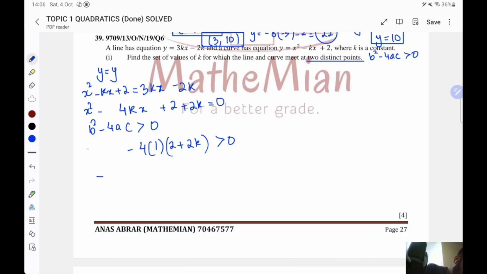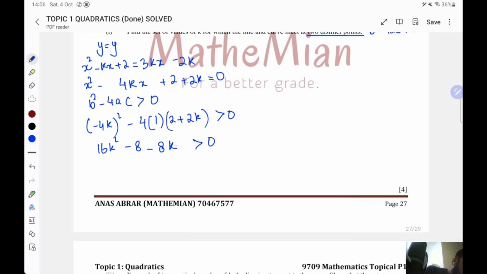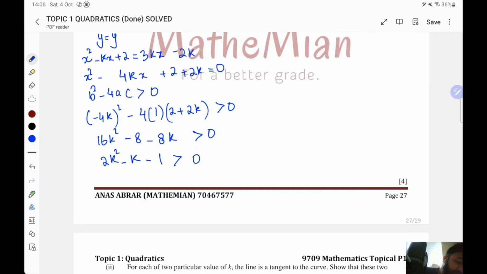So it will be (minus 4k) whole square, which will be 16k square minus 8 minus 8k greater than 0. So if you simplify, it will be 2k square minus k minus 1 greater than 0.